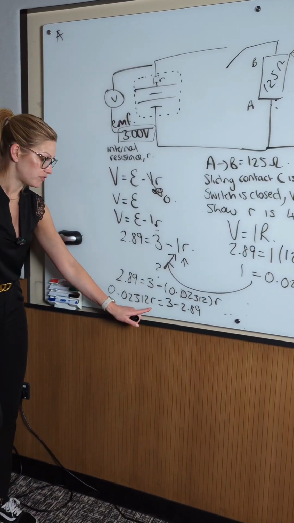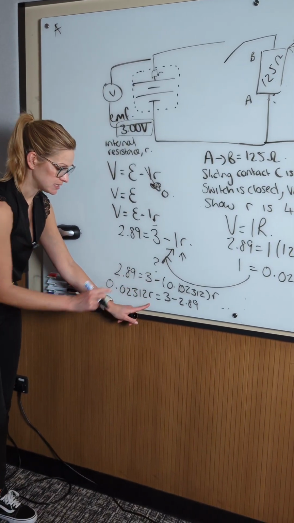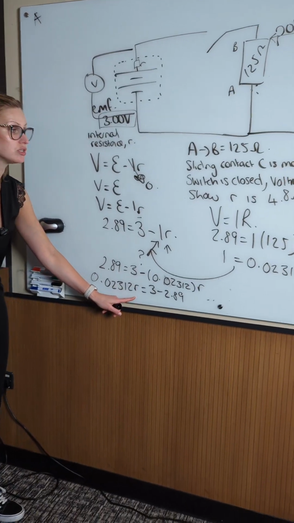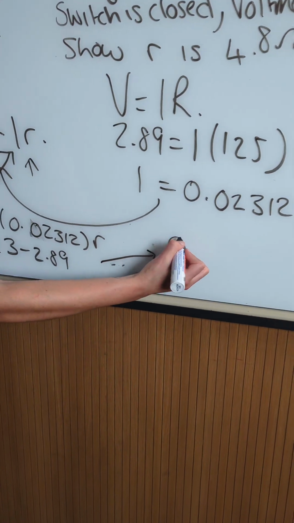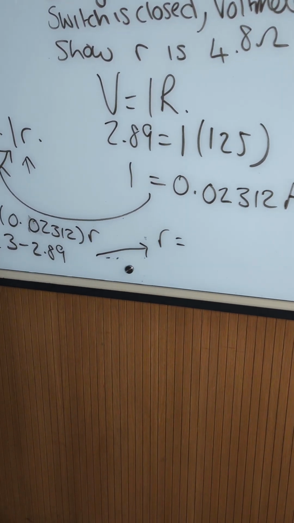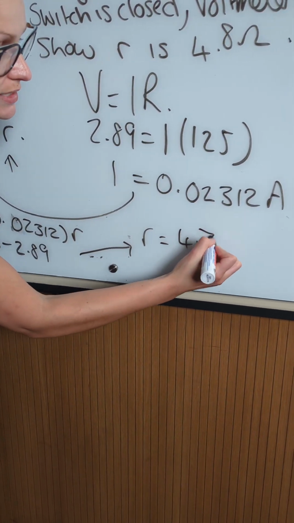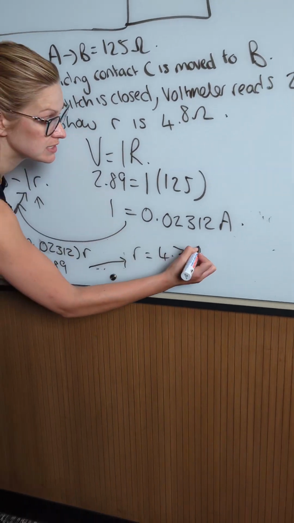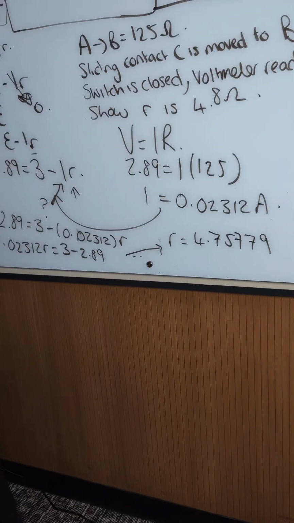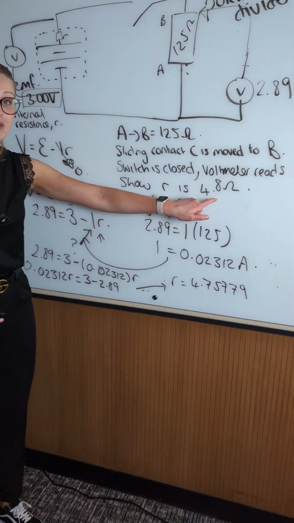So all I do then to find r is divide both sides by 0.02312 to get a final answer for my little r, which I'm just going to write here. My little r, or my internal resistance, on my calculator comes out at 4.75779. And the question asked me to prove it's 4.8.